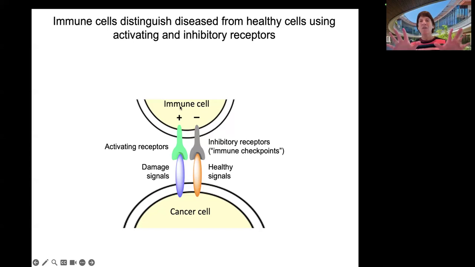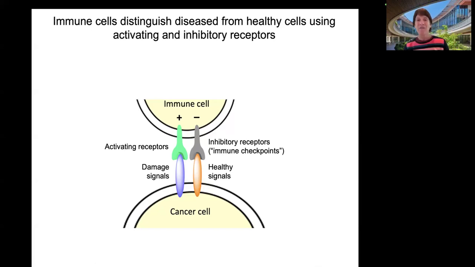There are actually two different types of molecules on the surface of the immune cell. We call them receptors, but they're basically hands that are reaching out to kind of shake hands with something on the cancer cell. One set of those receptors are what we call activating receptors. They're shaking hands with something on the surface of the cancer cell that has been put there as a signal that I'm damaged, please kill me.